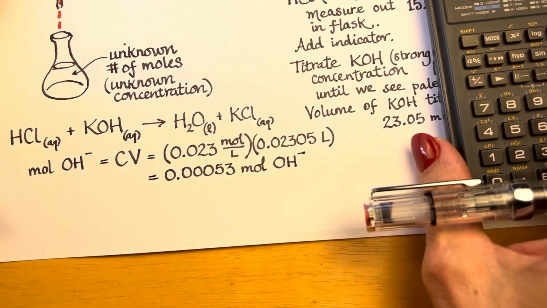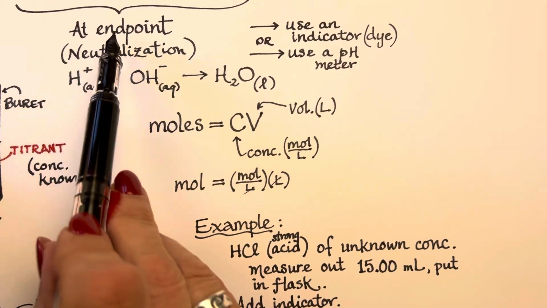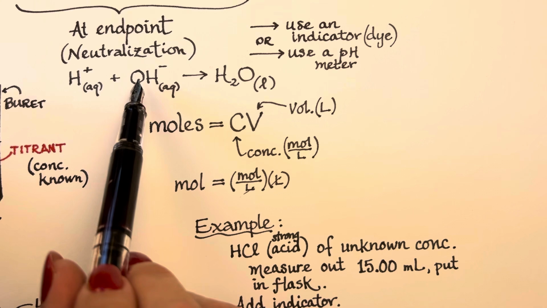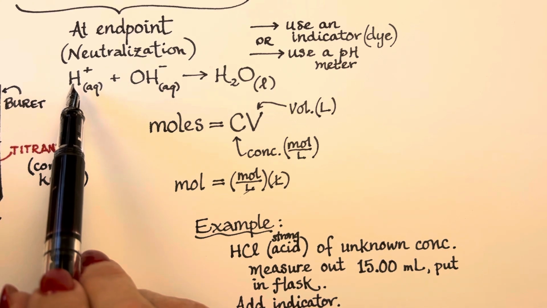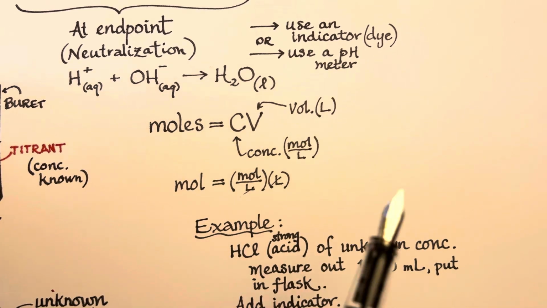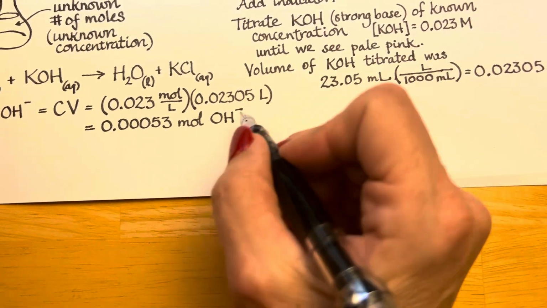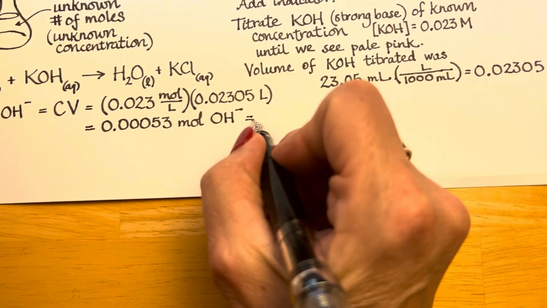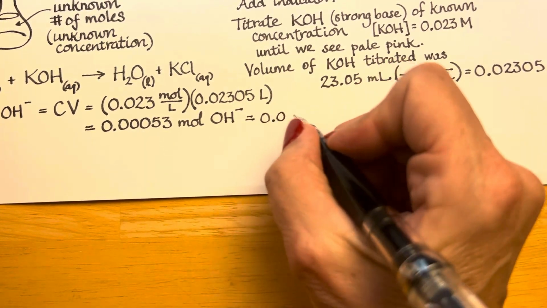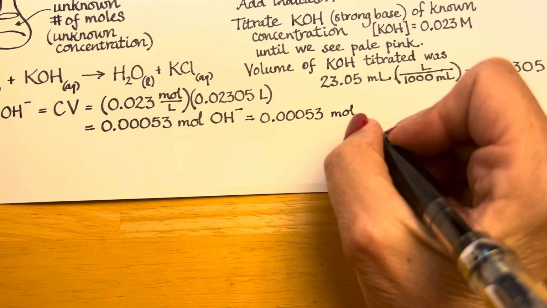And guess what? Because we're at the end point, and because we have a 1-to-1 ratio in our HCl and our potassium hydroxide, 1:1 stoichiometry, that means that we have this many moles, 0.00053 moles of H plus.